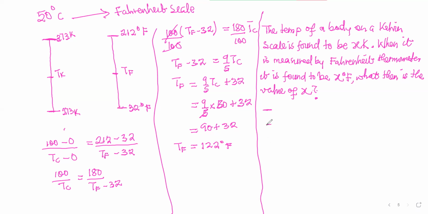So (T_K minus 273) over 100 is equal to (T_F minus 32) over 180.